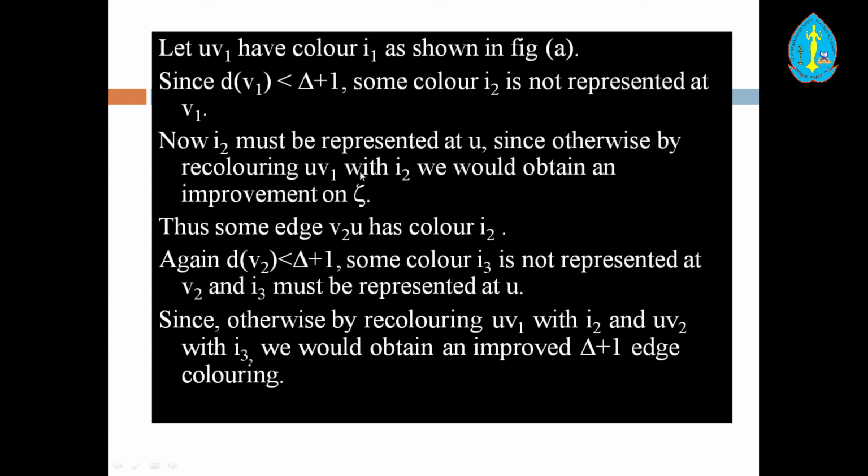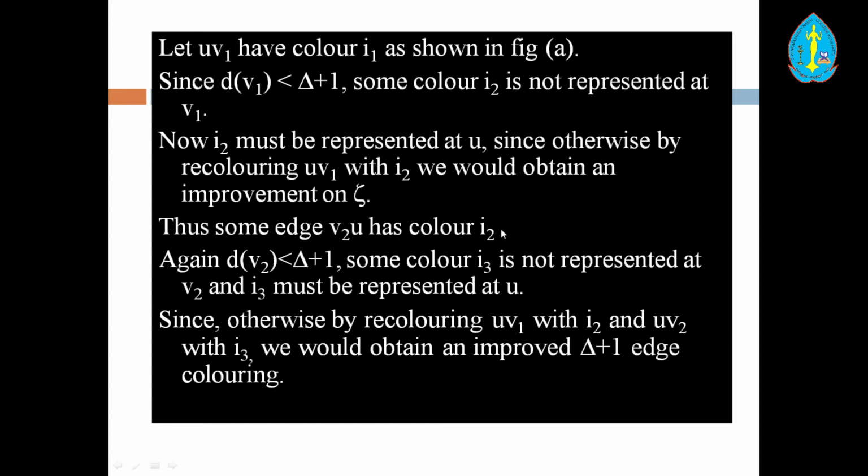Now i2 must be represented at U, since otherwise, by recoloring UV1 with i2, we would obtain an improvement on C. Thus some edge V2U has color i2.